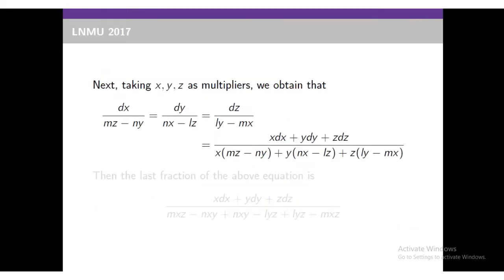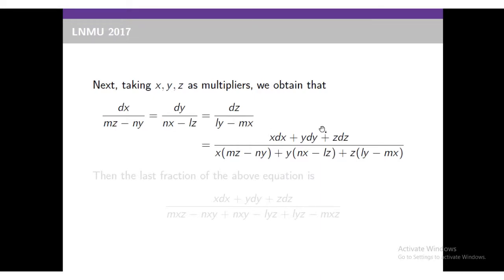Now again, if you take x, y and z as multipliers, then you can write these three fractions equal to this one. Here we have done similar calculation. We have multiplied x by dx, y by dy and z by dz, and then we have added all these three things, and similarly we have multiplied x by this term, y by this term and z by this term, and then added all these three things, and we get this fraction.